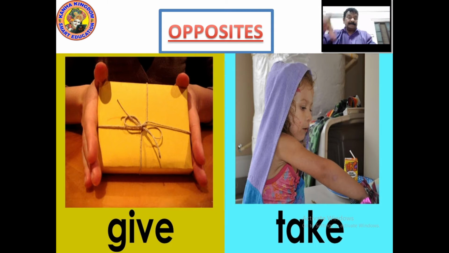She is putting her hand out and taking something, which means she has been asked to take by herself. Give, take. Opposite of give is take and opposite of take is give. Please write the opposites. Give, take.